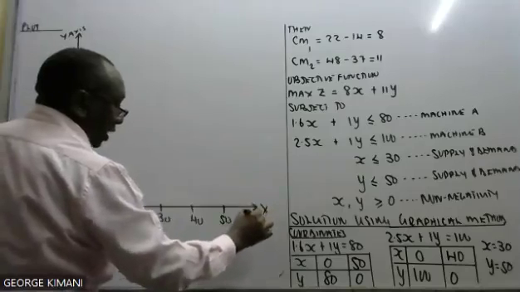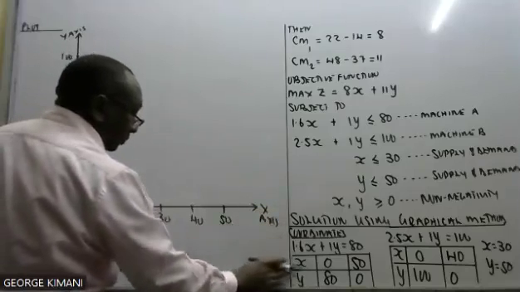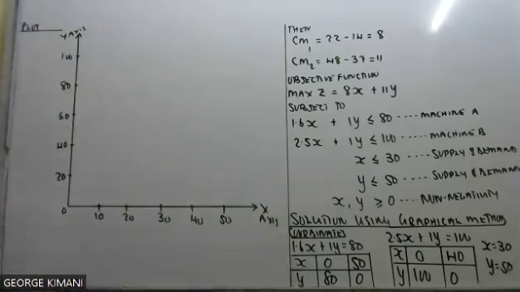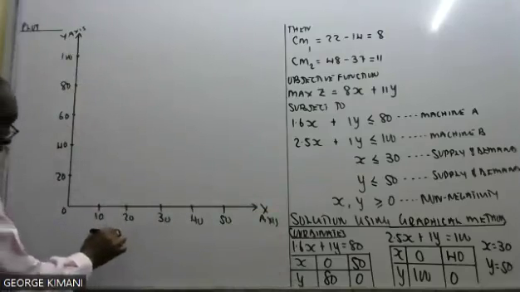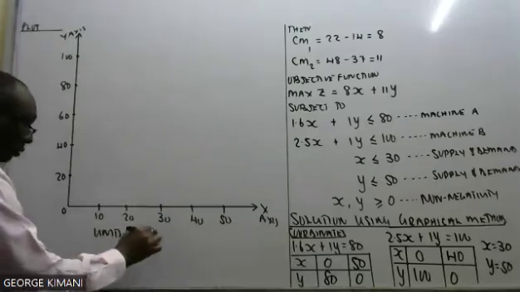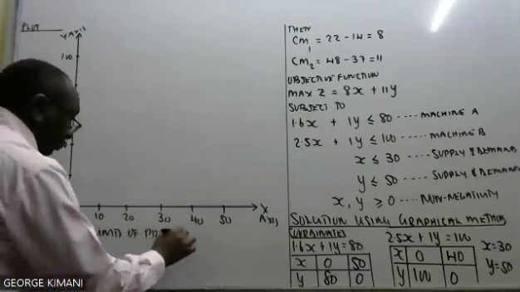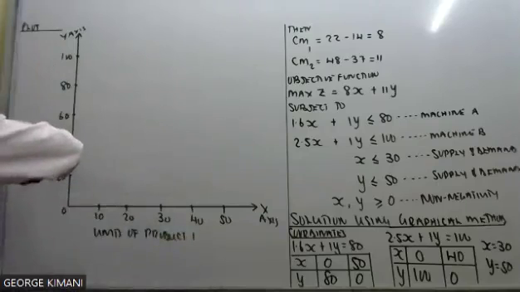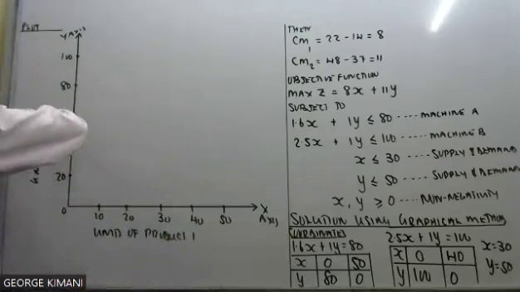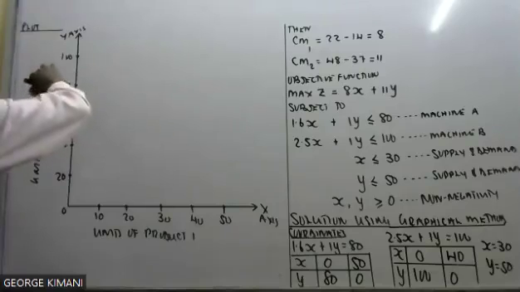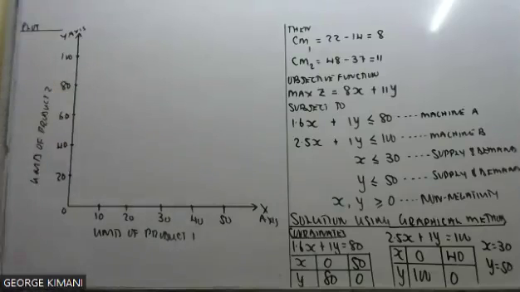This is the x-axis. So these are units of product 1, and here we have units of product 2.